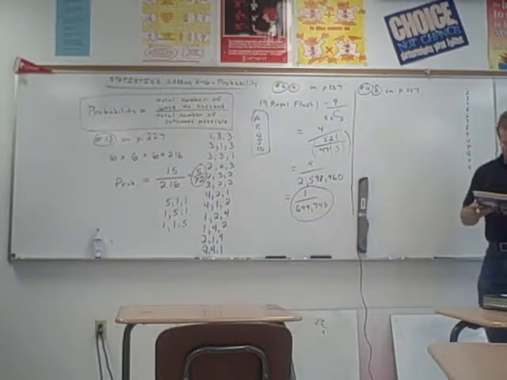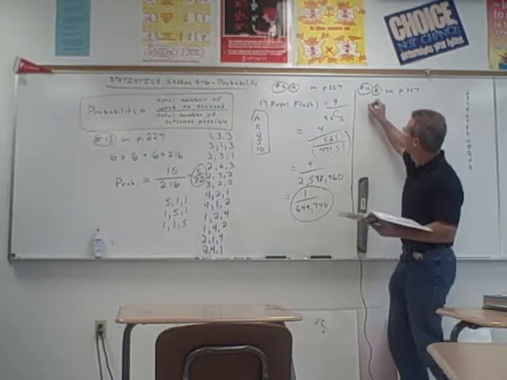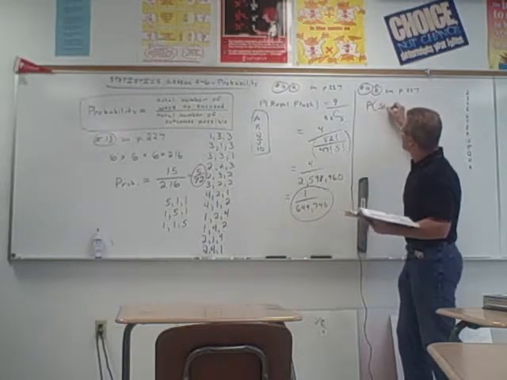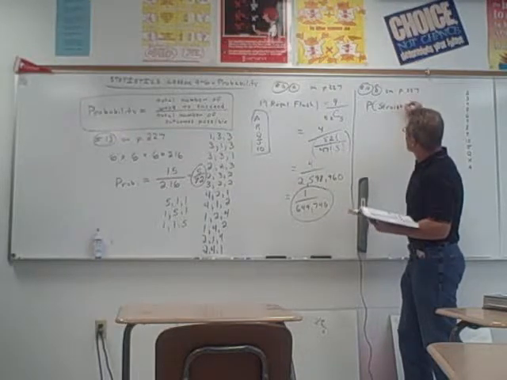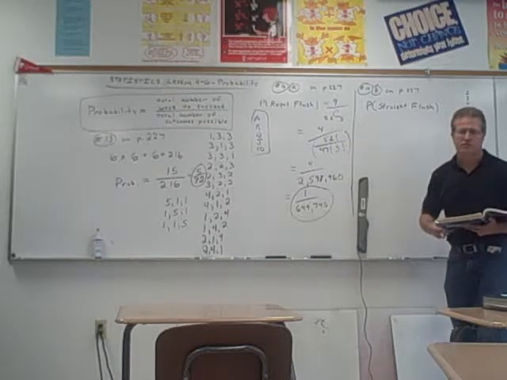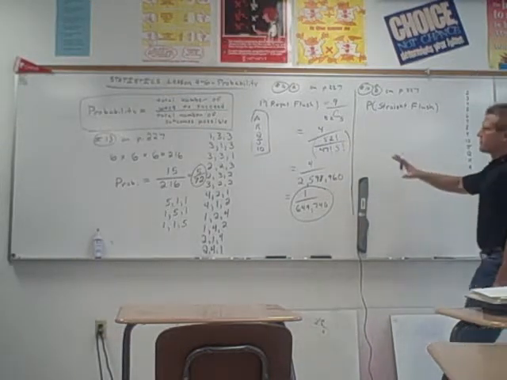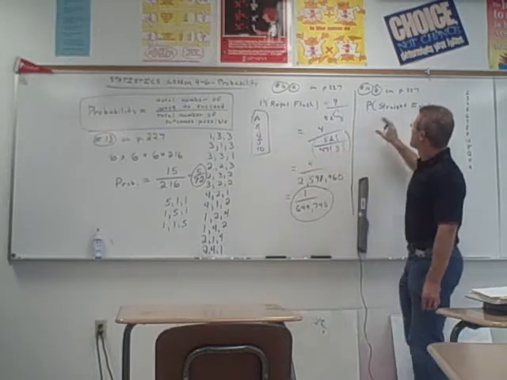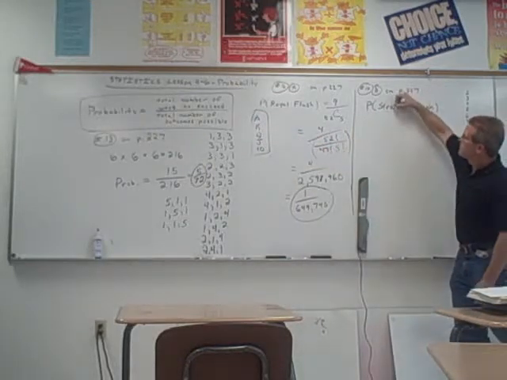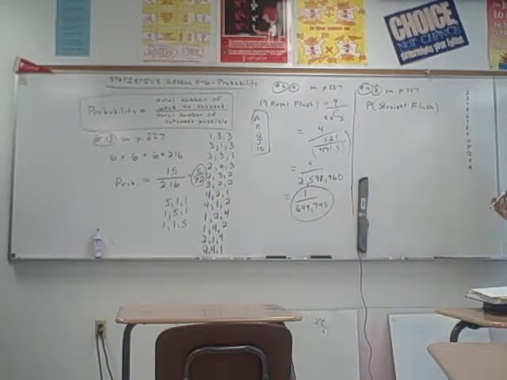Last up, 16B. 16B is what's the probability of a straight flush. The word flush means that all 5 cards are going to be the same suit, but it's not a royal flush. A royal flush means it has to be the top 5 cards. A straight flush just means it has to be 5 cards in a row, 5 successive cards, but they don't have to be the top 5 cards.